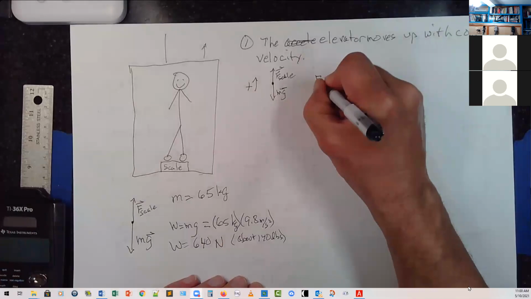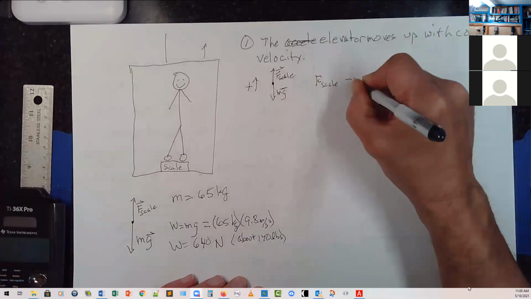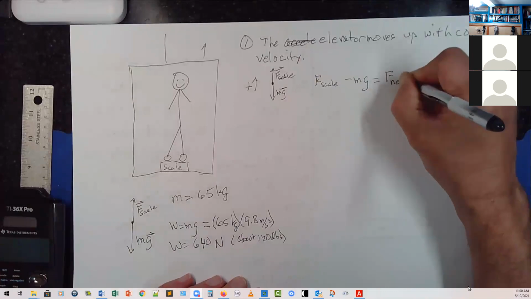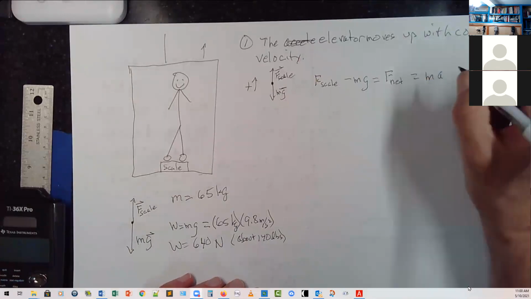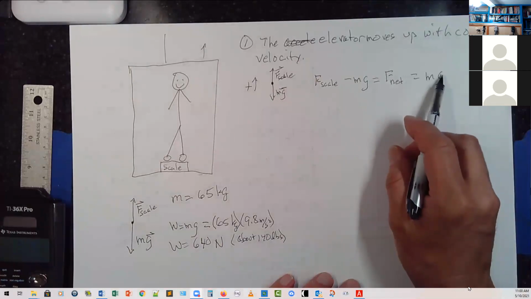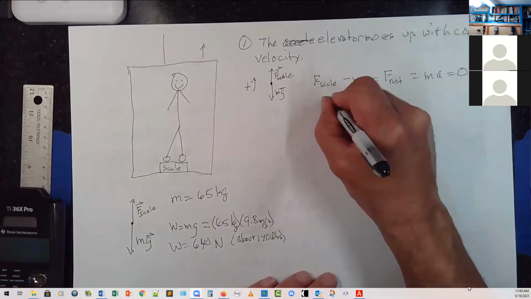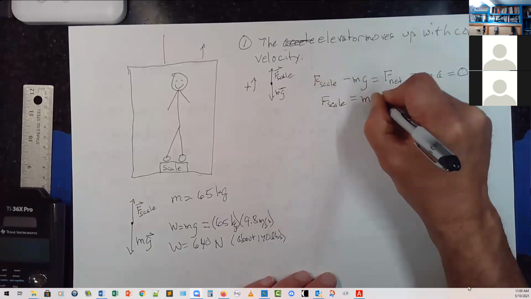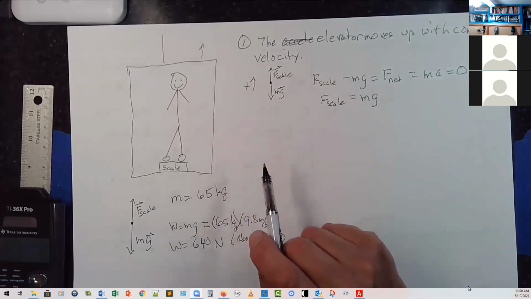But I would get the force of the scale minus mg, that's going to equal the net force acting on them, because these are the only two forces that we have to worry about, and that'll equal ma. But if they're moving up with constant velocity, the acceleration is 0. So in that case, we just have the force of the scale will equal mg. Okay? The scale will read their weight if the elevator is moving up with constant velocity.